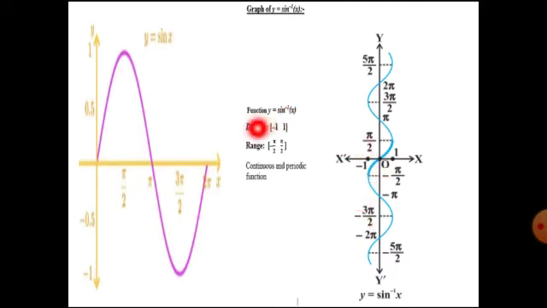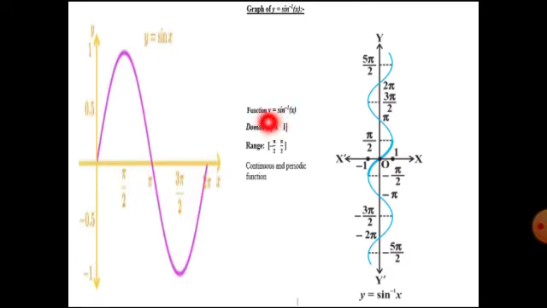So let us move to that function. That function, the inverse trigonometric function, is y is equal to sine inverse of x. When you take the value of x as minus 1, it will be minus pi by 2. When you put x as minus 1, sine inverse of minus 1 is equal to y. So sine y is equal to minus 1.